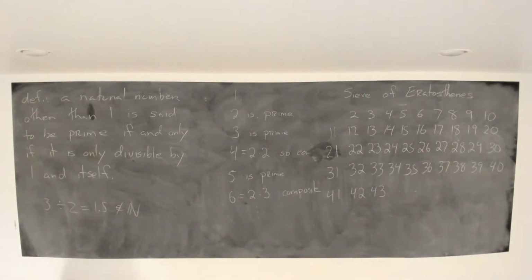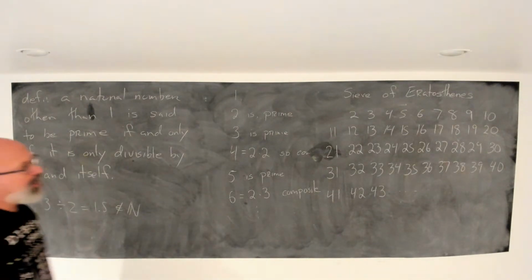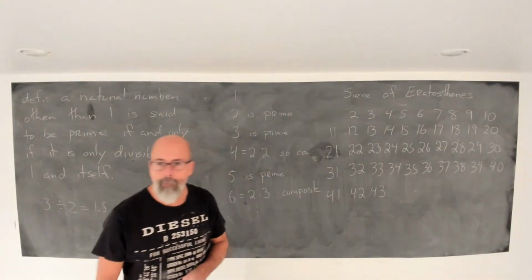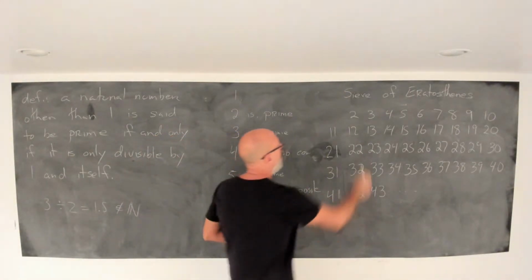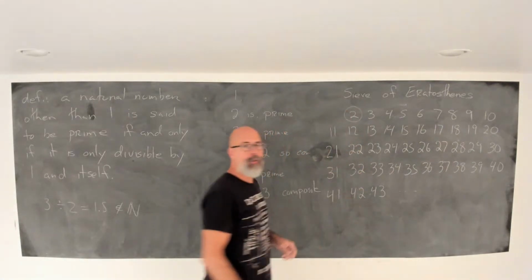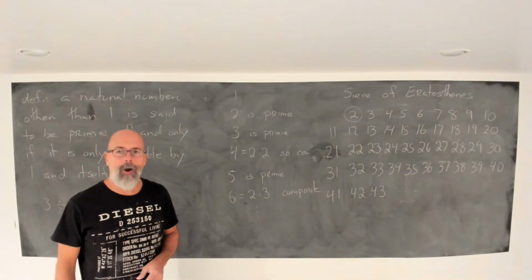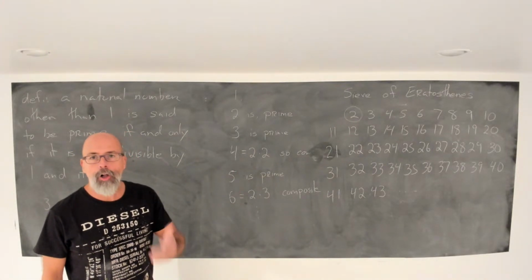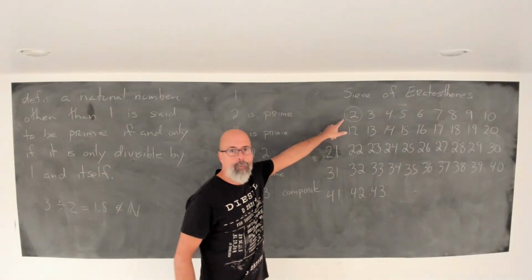And what does the sieve tell us? Smallest number is prime. So this is a prime number. Now we remove all multiples of this number.